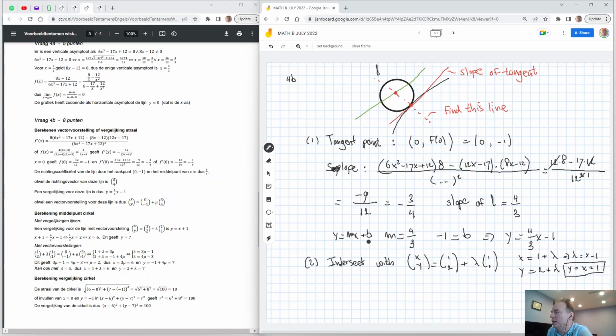So I have this line, I have this line. We can easily solve for x of the intersection by setting 4/3 x minus 1 equal to x plus 1.